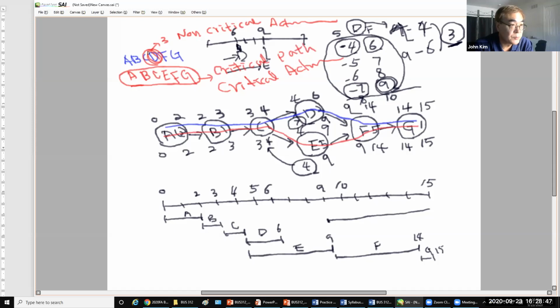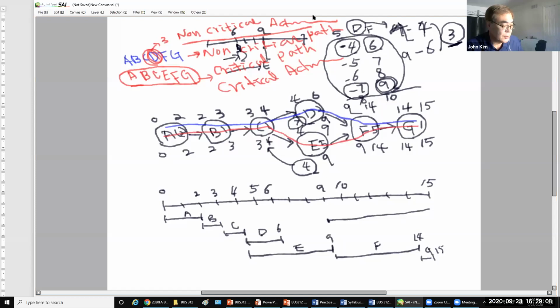If there is at least one or more non-critical activity in the path, this is a non-critical path.